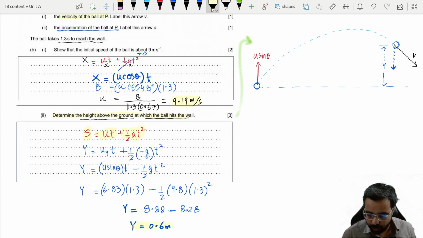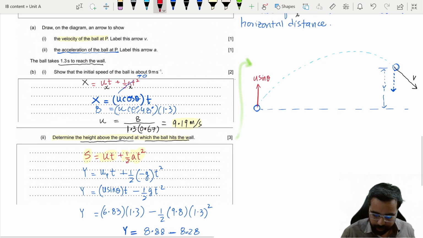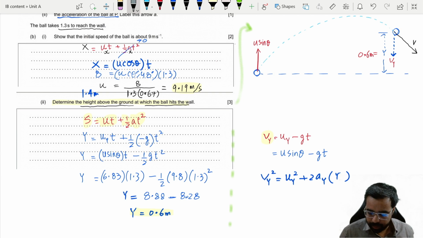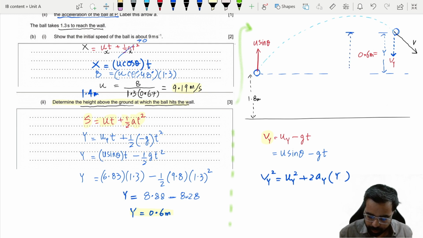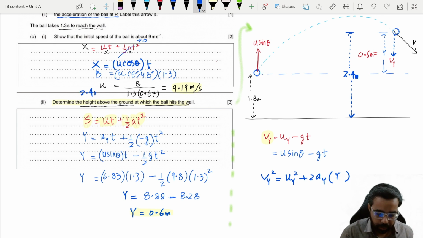Okay, so which means that if its value is 0.6 meter, what is its height from the ground? As you know, it is 1.8 meter. So what is the total height of the ball at 1.3 seconds? For this we can simply add these two, and that will be 2.4 meter above the ground. So it is 2.4 meter.